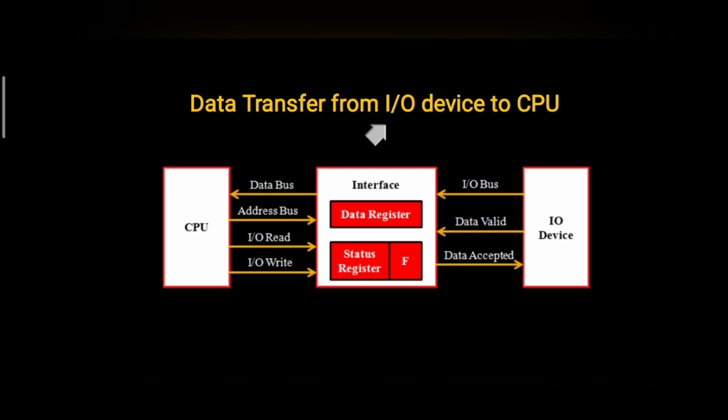The interface unit then disables its data accepted line, and hence the IO device will also disable its data valid line. Now the CPU, on the other hand, has to periodically check the status register of the IO interface. In case the flag is set, the CPU reads the data from the data register and writes it into the memory. All right.